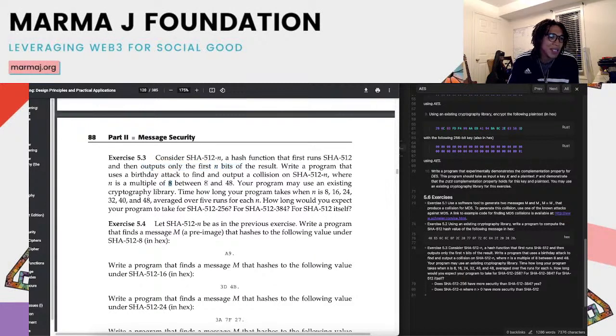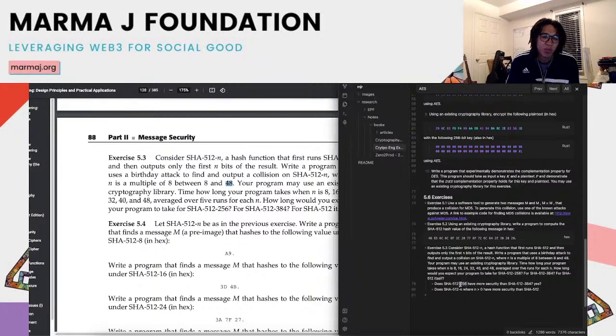Okay, so this is going to be easiest with the lowest number and harder with a higher number. So here we're saying if you're producing the first half, I would expect the larger one to have more security.